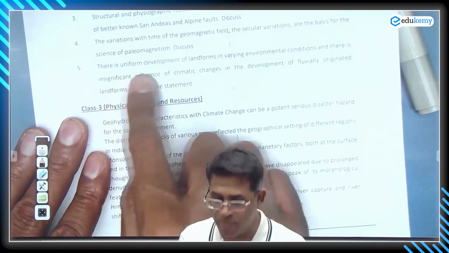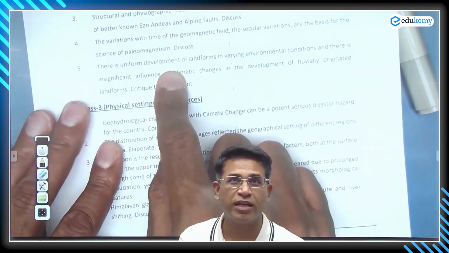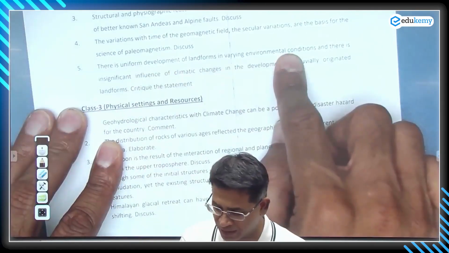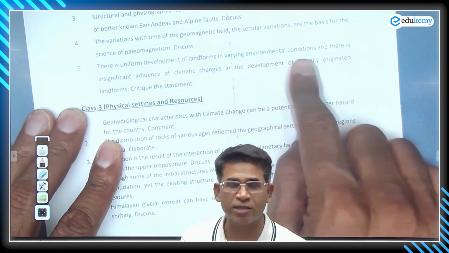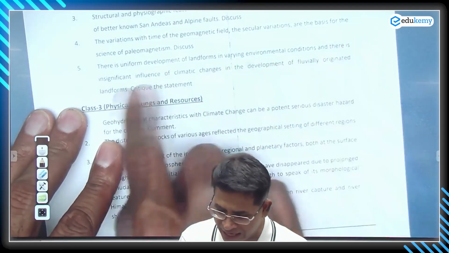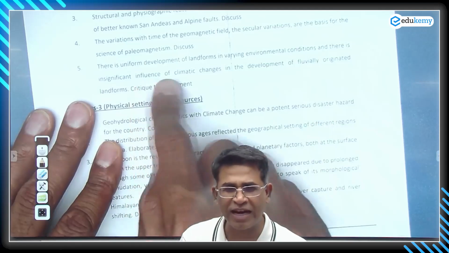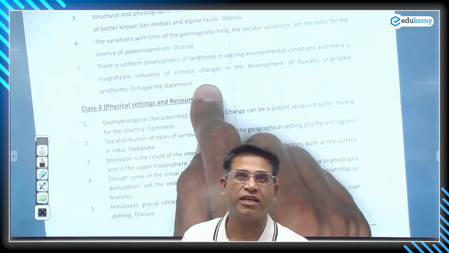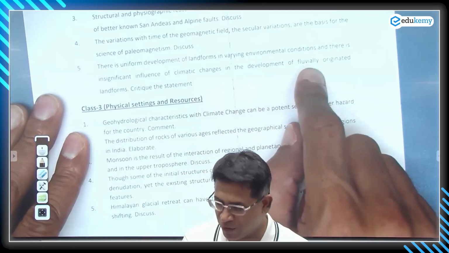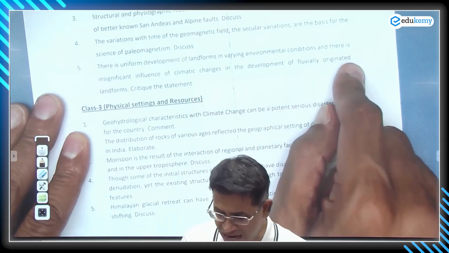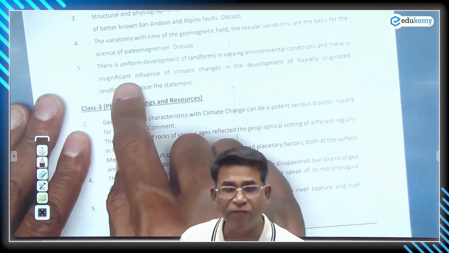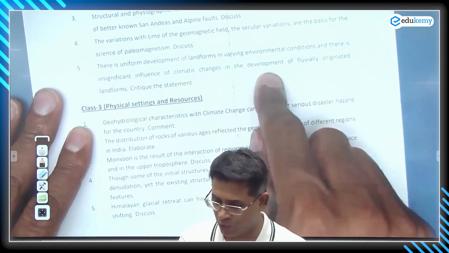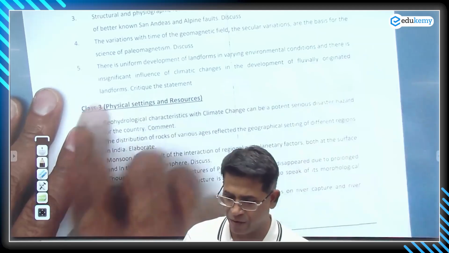There is uniform development of landforms in varying environmental conditions, and there is insignificant influence of climate change in the development of fluvially originated landforms.